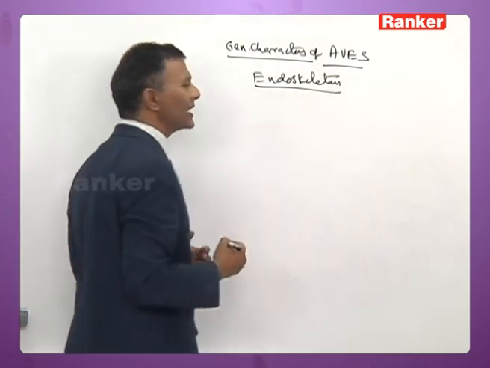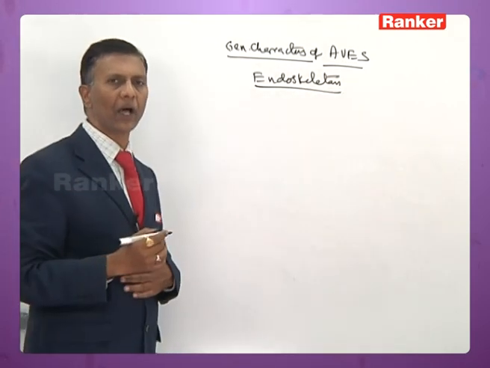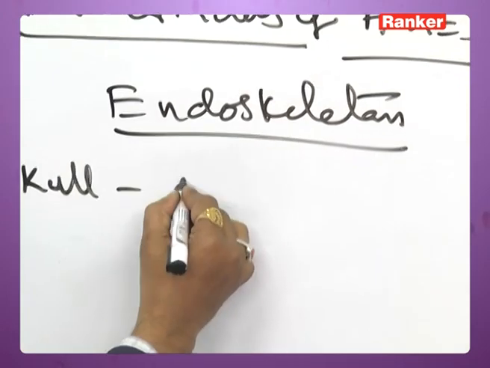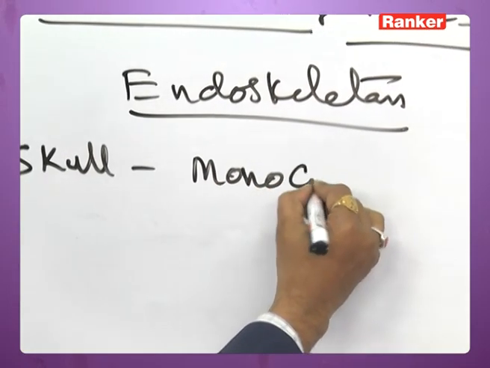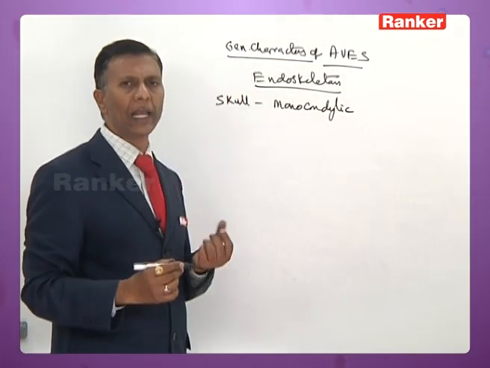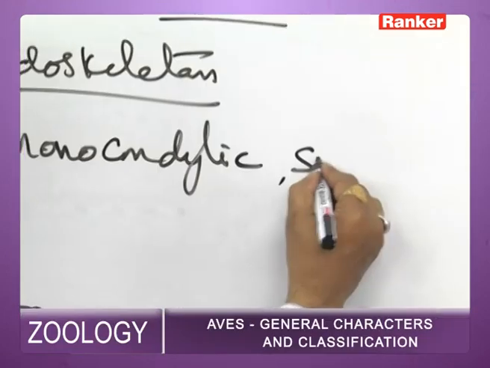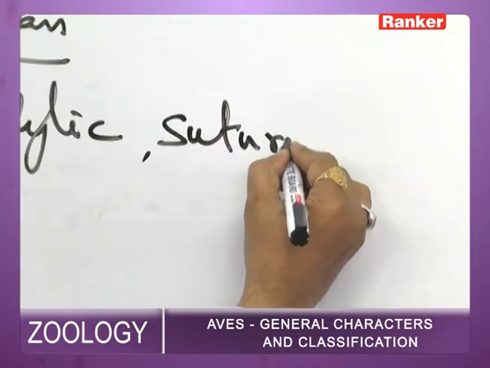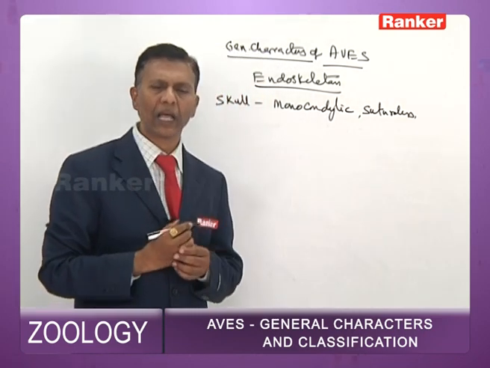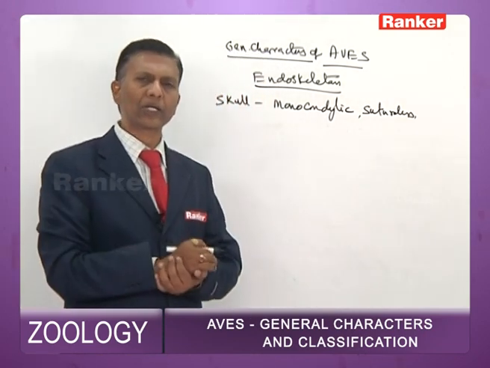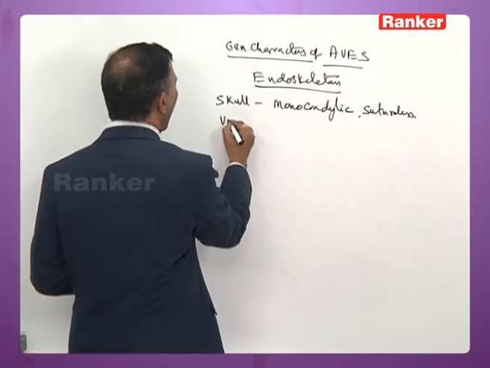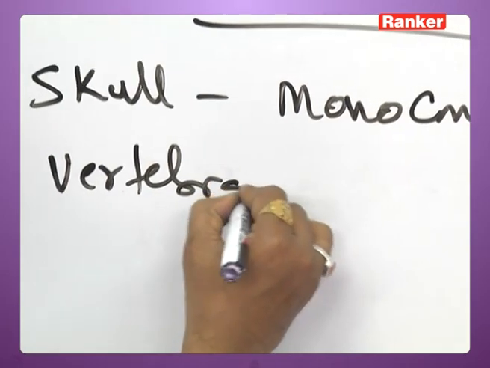If you observe the modifications in the endoskeleton of birds, in all birds the skull is monocondylic and sutureless. In all other vertebrates the skull is sutured, whereas in birds, to withstand pressure during flight, it is sutureless. The vertebrae are heterocoelous.